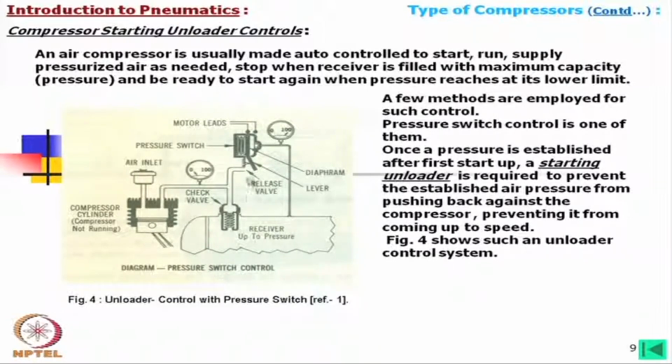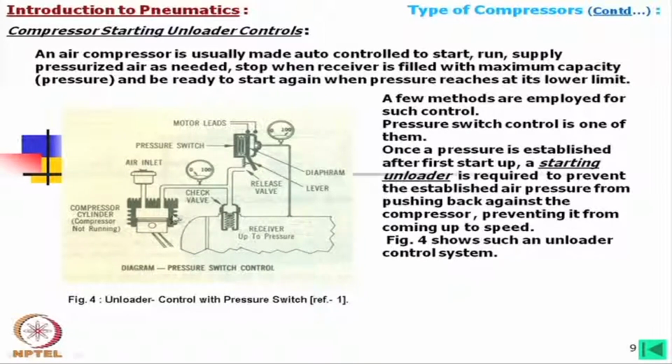Now, when this reservoir is being filled, then with a set pressure this switch is there and that gradually disconnects the motor and your compressor will stop.